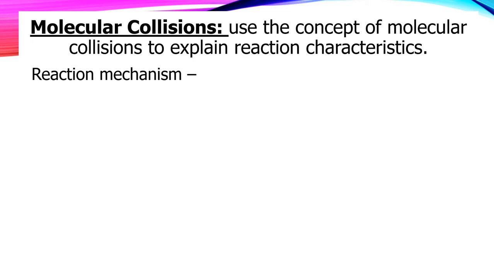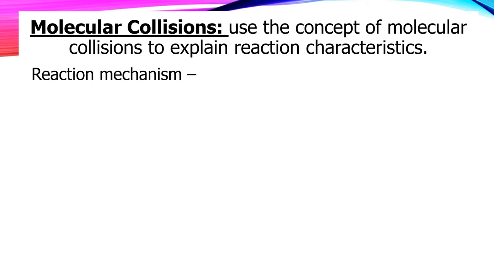Okay, molecular collisions. This is how the reaction has to take place. In the video that we watched of the school being shrunk down and we had the gangs of groups that we needed to crush up, the reaction mechanism says I have to be oriented in a certain way and have enough energy when I meet with another chemical that the reaction takes place.